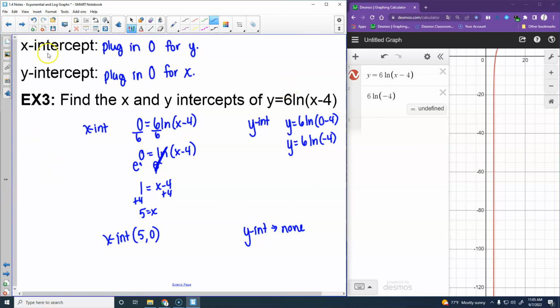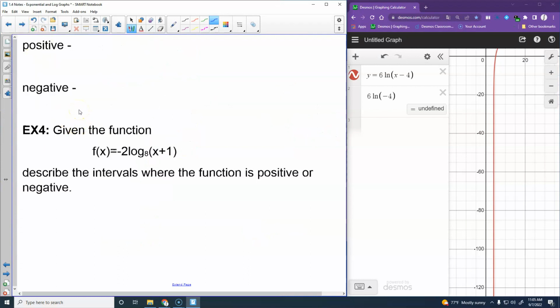Okay. All right, so x-intercepts, y-intercepts, that's something we're going to look for. Positive and negative. When a graph is positive, its y coordinates are positive.